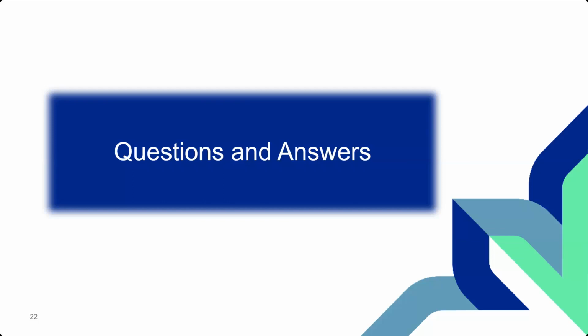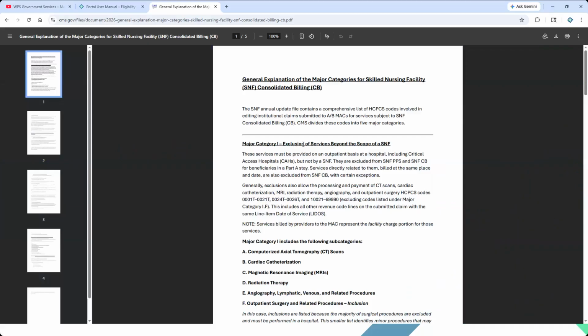So in this case, you take that TC modifier component and you say, should it be billed to Medicare or should it be billed to the skilled nursing facility consolidated billing? The answer for that is go back to the major category 1.